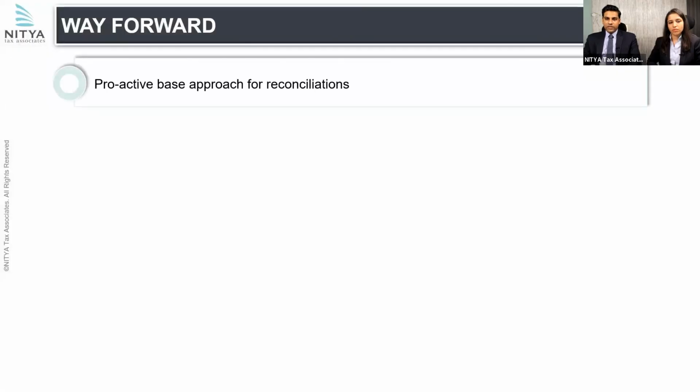First and foremost, as we emphasized during this complete webinar, proactiveness is the only key. On a reasonable basis, there should be a practice of doing quarterly reconciliation and data management. It will ease a lot of burden on the compliance part. It will also ease a lot of burden on meeting departmental investigation and submission of data.